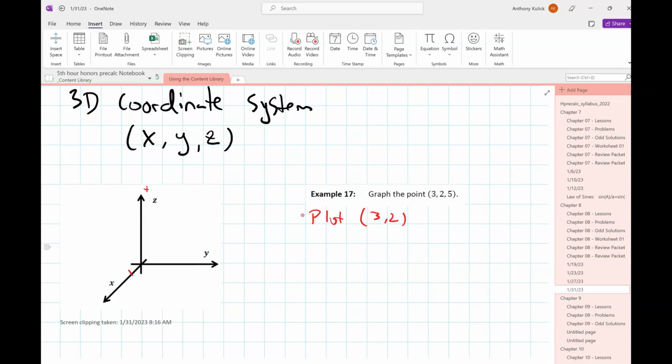So I'm going to move 3 tick marks in the x direction and 2 tick marks in the y direction, right? So I'm now going to build a parallelogram. So that's the point 3, 2. Everybody okay with that?